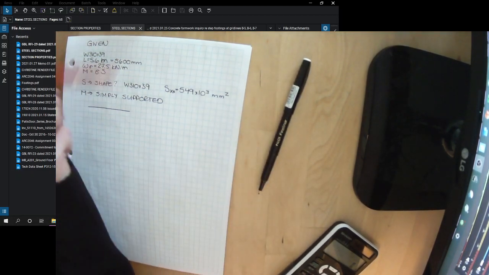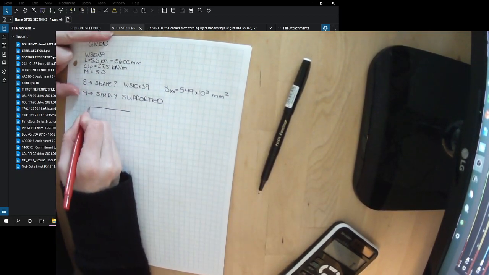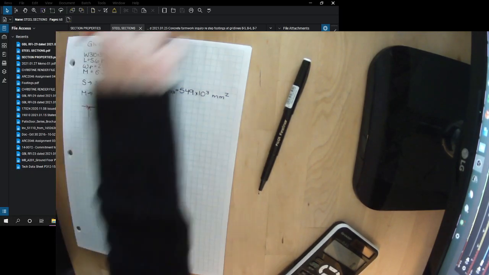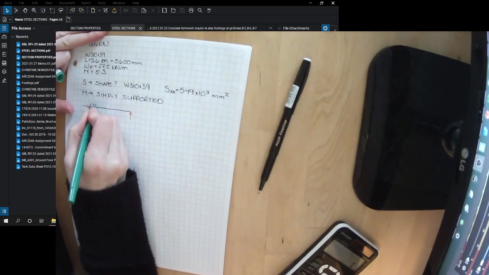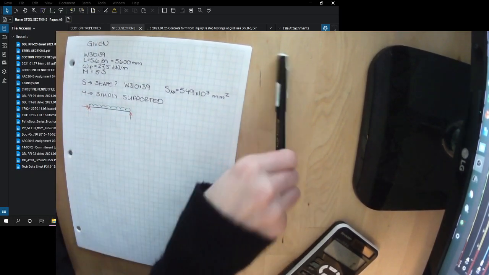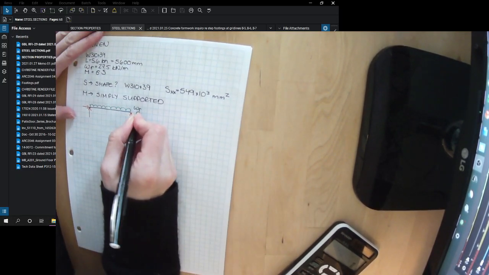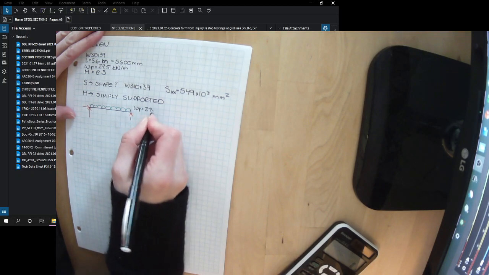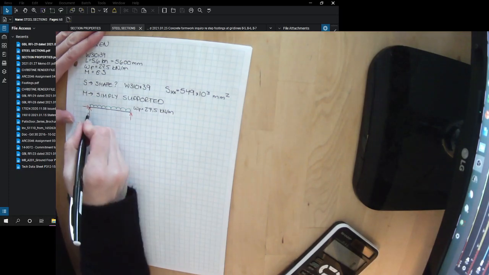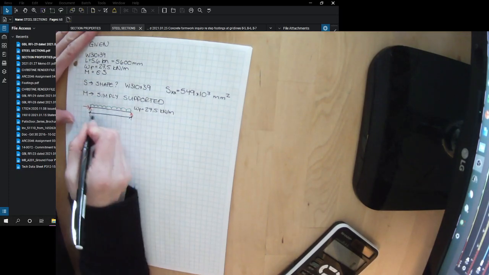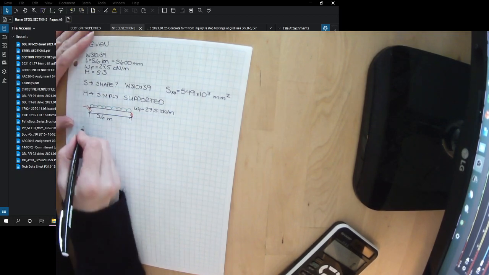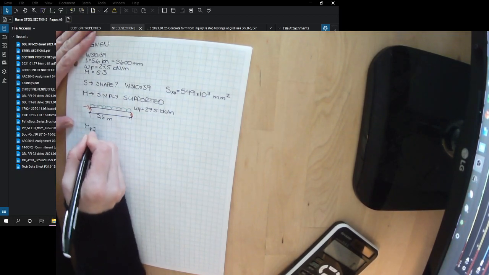We have a beam with reactions and a uniformly distributed line load on it. And they've told us that that WF is 27.5 kilonewtons per meter, and that this is 5.6 meters long.